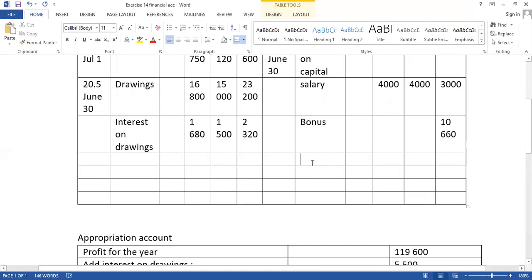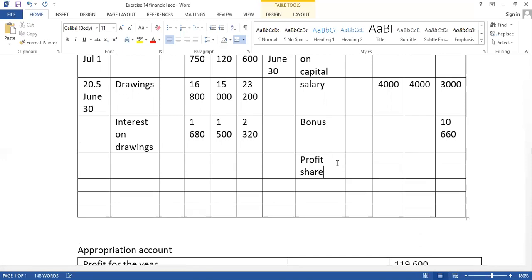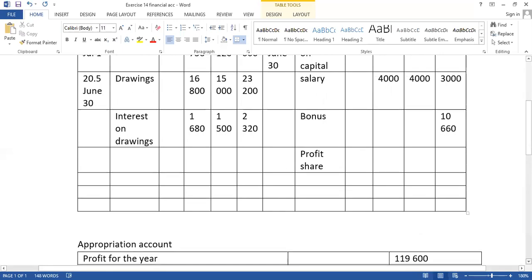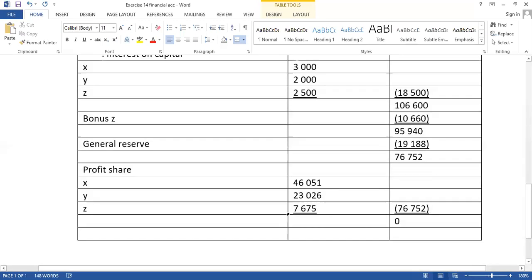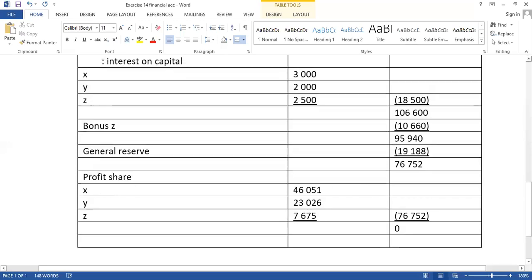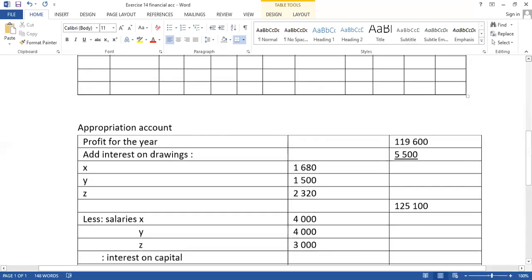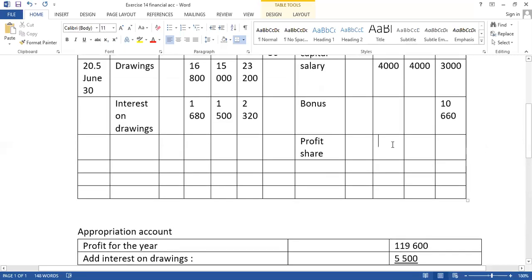So credit side, you have profit share of X is 46,051.